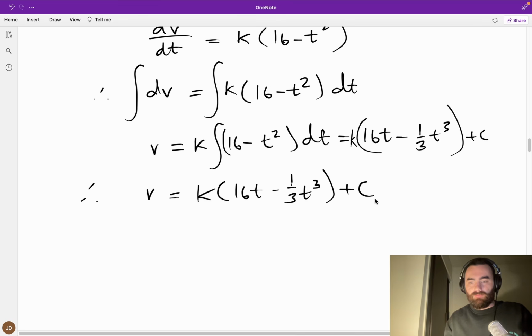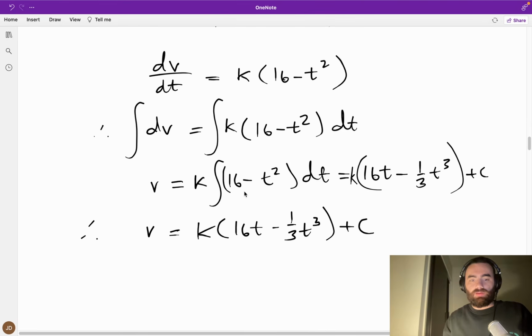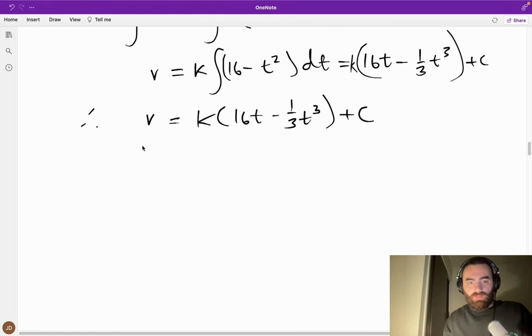Now we need to find c and k. We know that the velocity is 0 when t equals 0. So when t equals 0, this whole thing is 0, so 0 equals k times 0 plus c. Therefore c equals 0. And what is k?